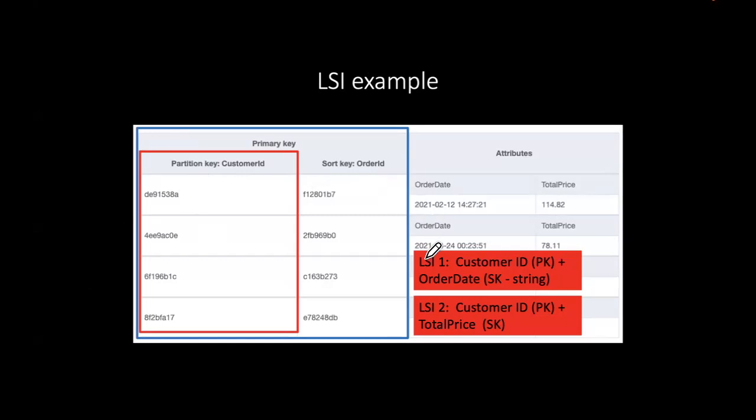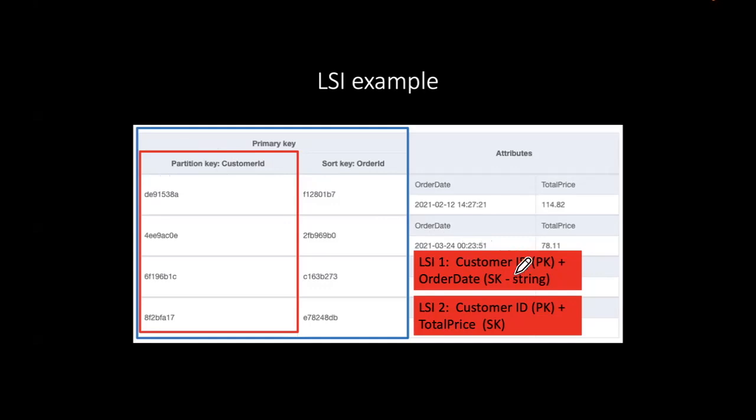Well, I could define a local secondary index which is based on customer ID as the partition key. It has to be customer ID because it has to match the partition key of the main index. But as a sort key, I've decided to use the order date.